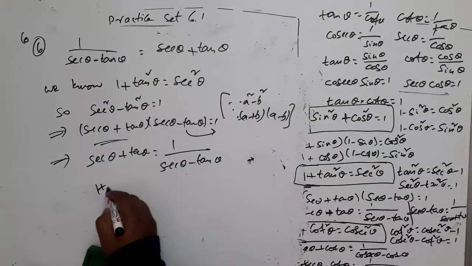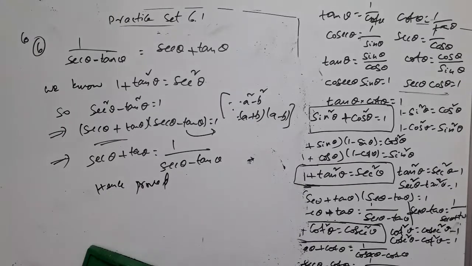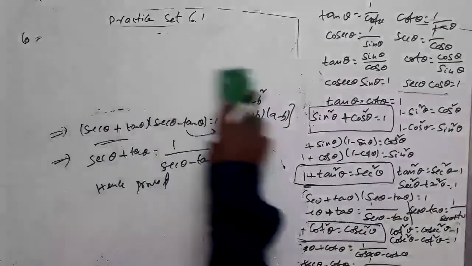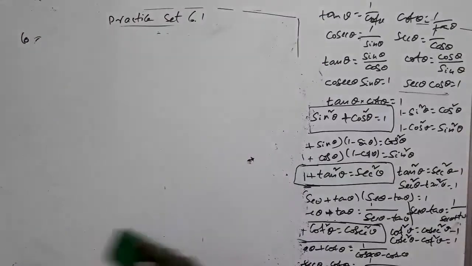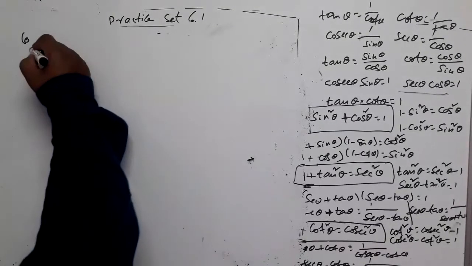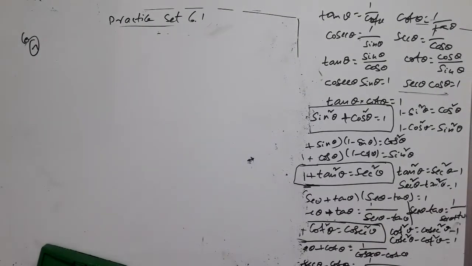Hence proved. This is the sixth bit. Let us move to the next one. You can pause the video and take down, right, if you wish, because that facility is there in these videos. Yes, next bit.